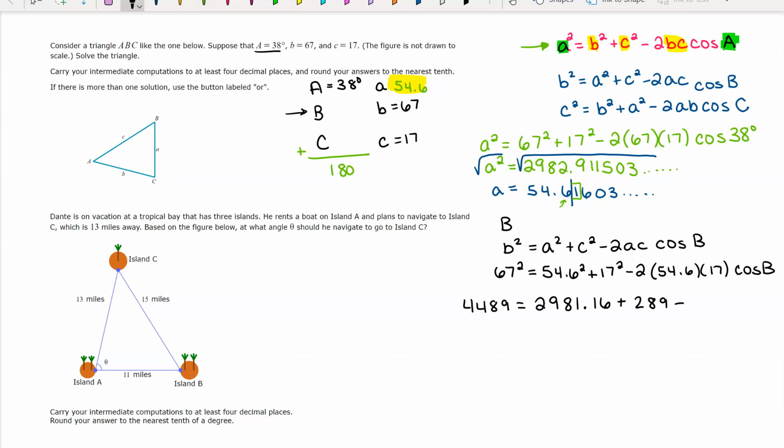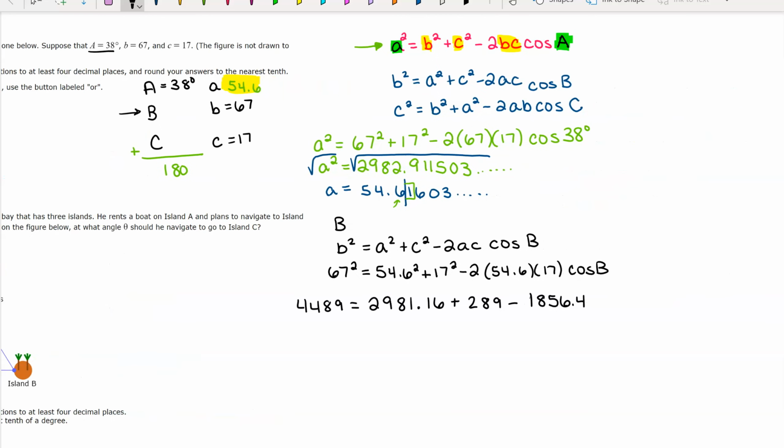And that's 1856.4 times the cosine of B.